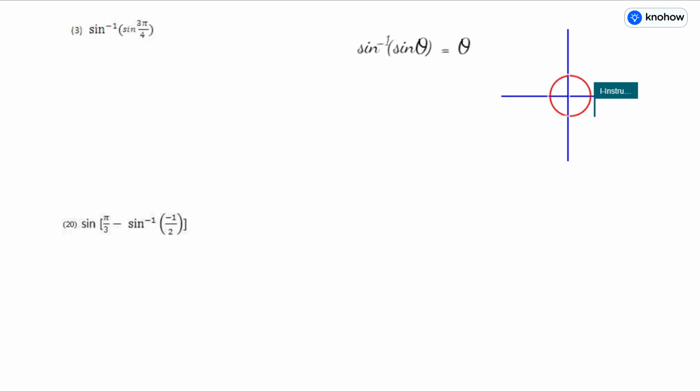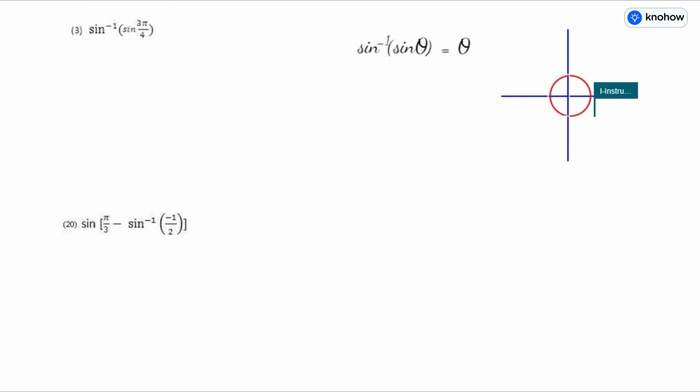Now look at this question very carefully. You have to find the value of sine of pi by 3 minus sine inverse of minus half. So before we take the sine of this angle as a whole, let us find the value of sine inverse of minus half. As I discussed earlier, use the property of sine inverse of negative x.